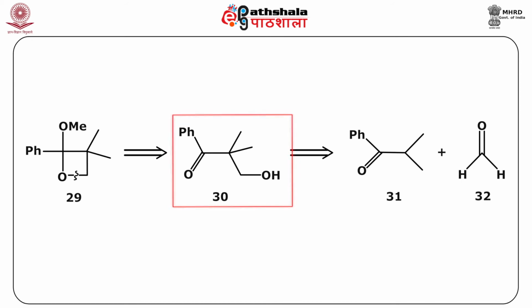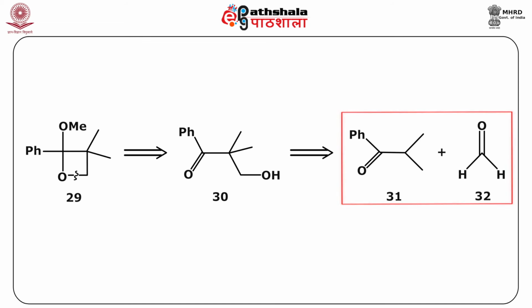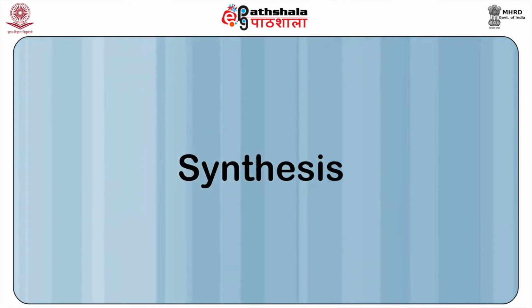2,2-dimethyl-1-phenylpropan-1-one, which on further disconnection shows that 2-methyl-1-phenylpropan-1-one and formaldehyde are the starting reactants for the desired product. The synthesis of the given compound can be achieved in the following 3 steps.